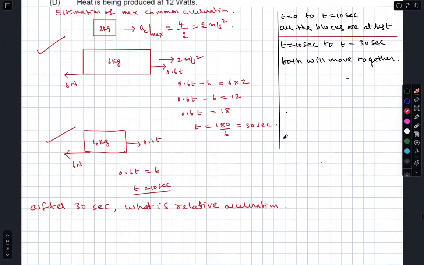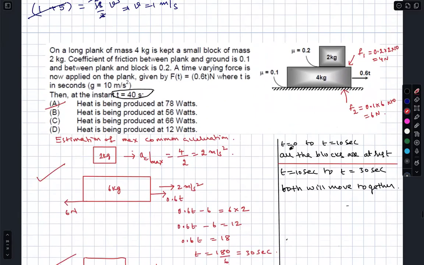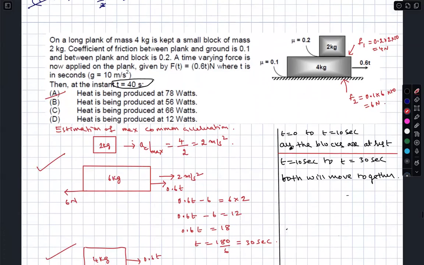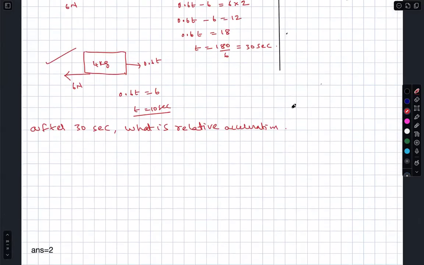So, t is in seconds, 30 seconds, where t is in seconds. I need the relative acceleration.